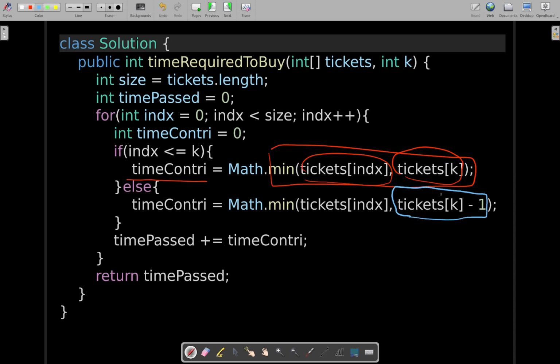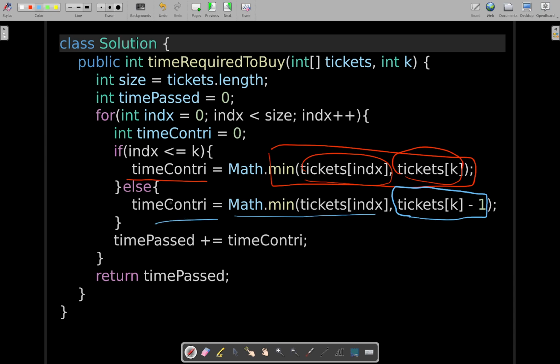Because that kth person would already have bought one ticket before giving a chance to the persons standing behind him. So that's why we are taking the contribution of these kind of people who are standing behind the kth person in this manner.